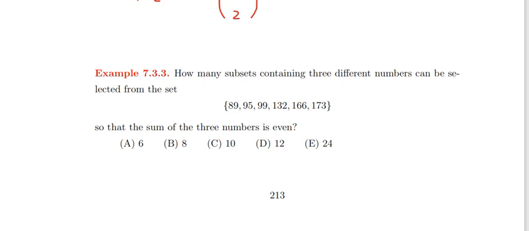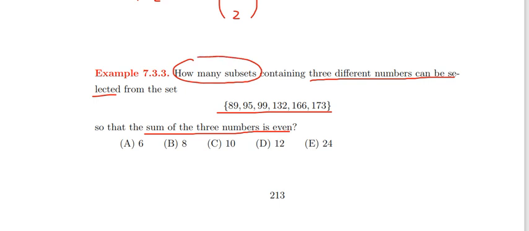Okay, so here we want to pick 3 numbers and guarantee that the sum of these 3 numbers is even. So we can find how many ways, or how many subsets.